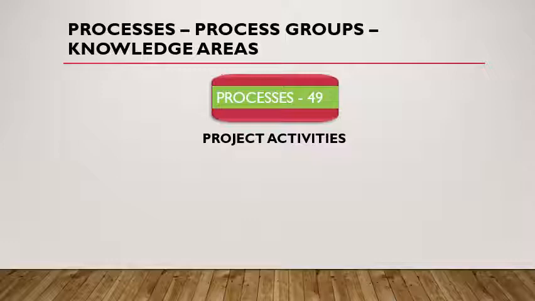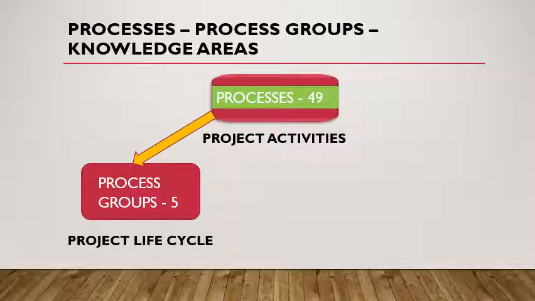We already know there are 49 different processes in the project management activities. These processes are individual activities which will be executed during project management practice.